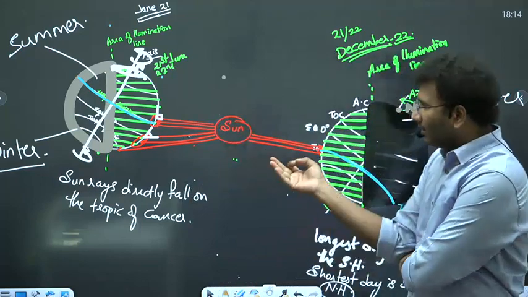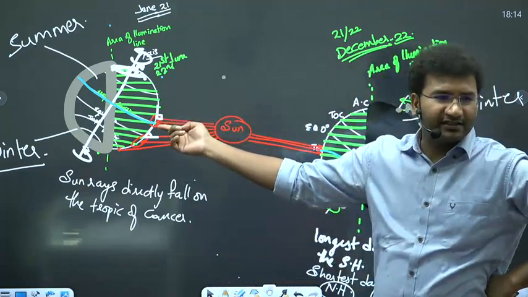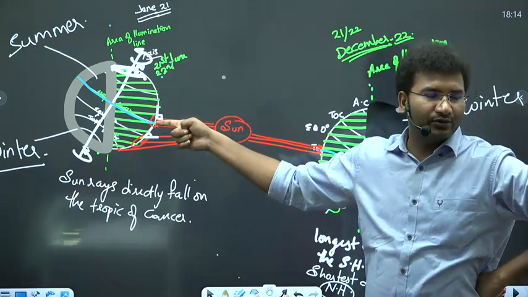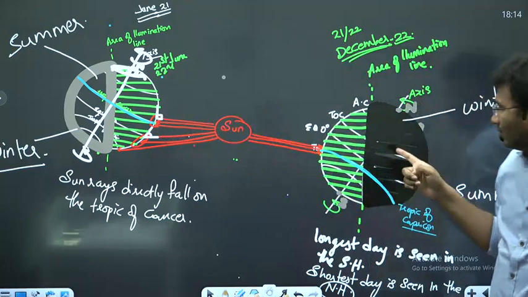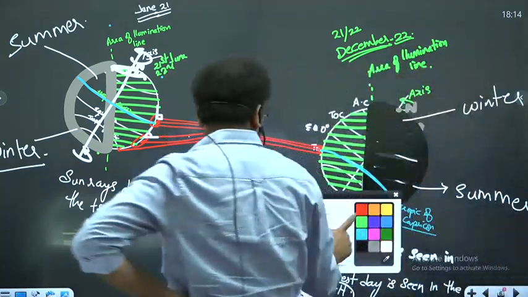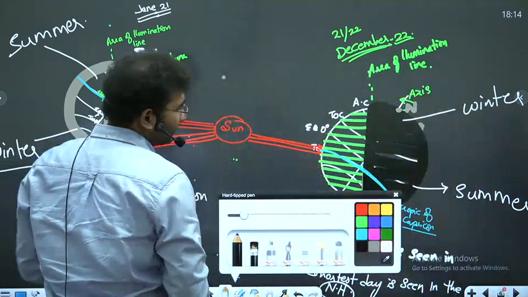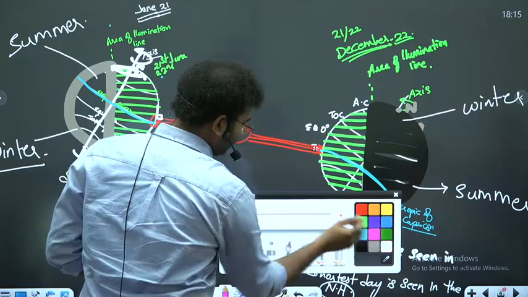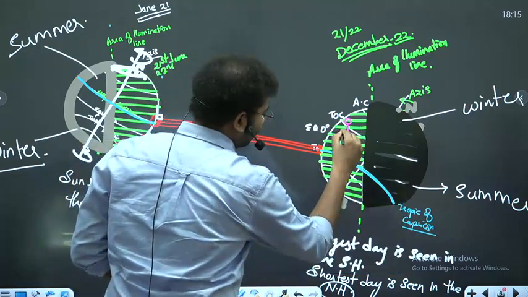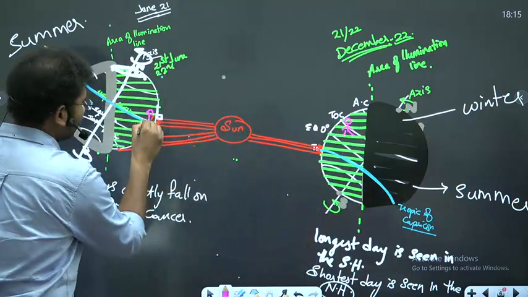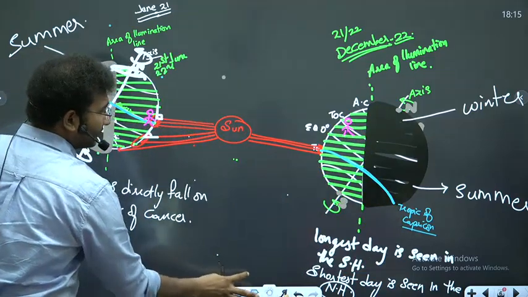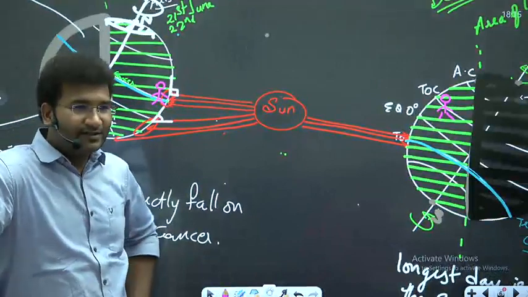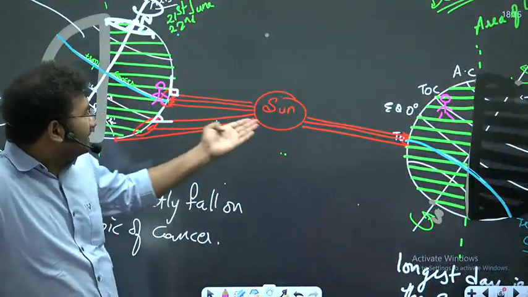Now see here, a person who is standing on the Tropic of Cancer here will feel the sun rays are falling directly on June 21st. But the same person who is standing on the Tropic of Cancer here, just imagine, this is Tropic of Cancer, right? So, it feels as if sun rays are falling here.